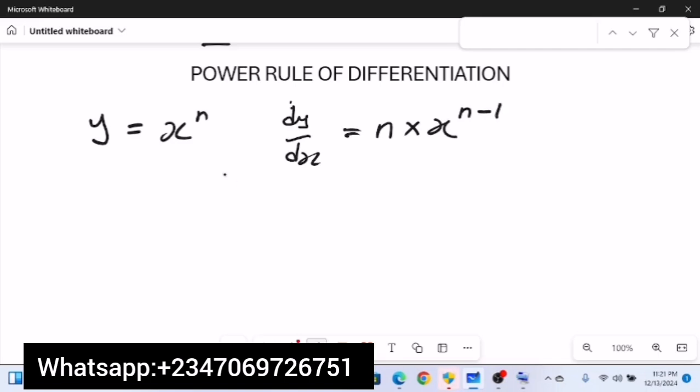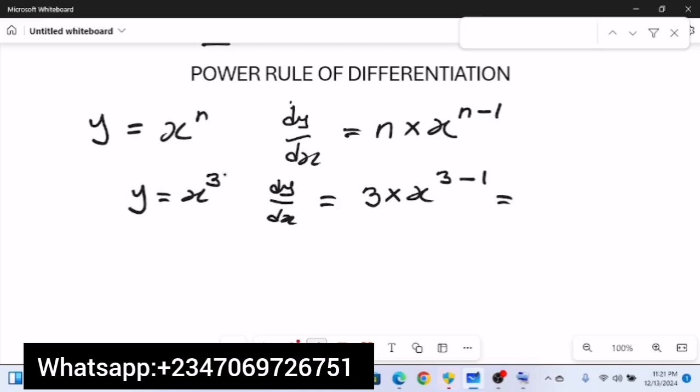Now let's see how this works. Let's say I have y equal to x to the power of 3. Now let's do the same thing. dy/dx is going to be equal to what? Remember, use the power, in this case 3, to multiply the variable x, then subtract 1 from the power. I'll simply have 3 minus 1.